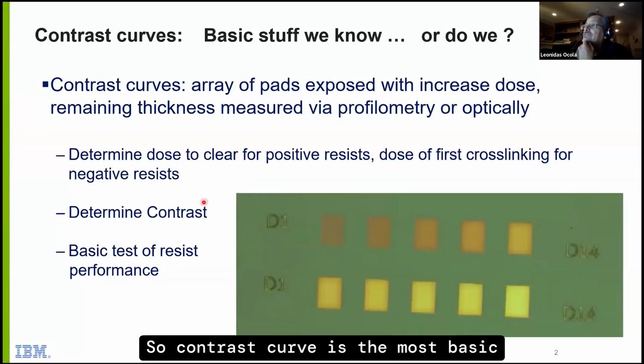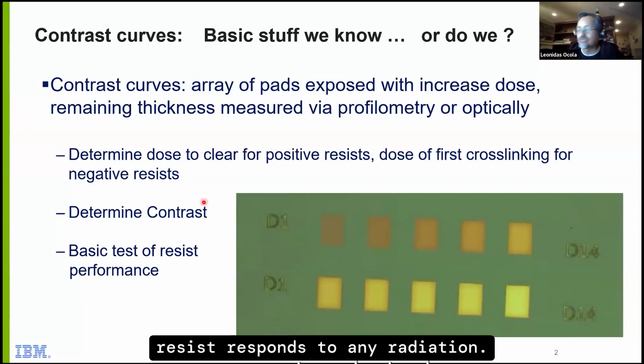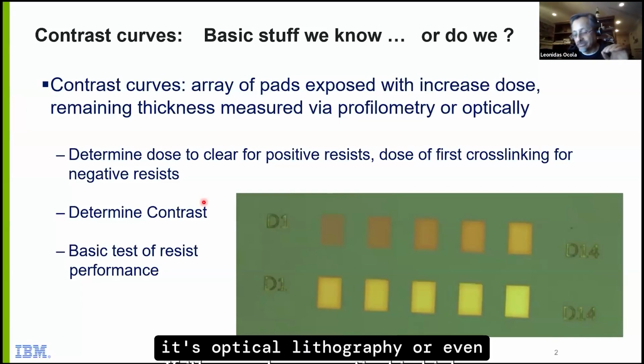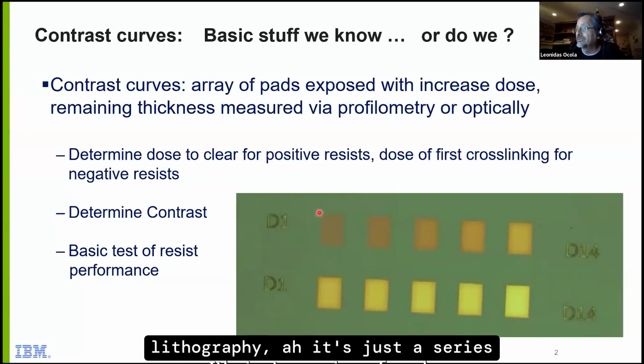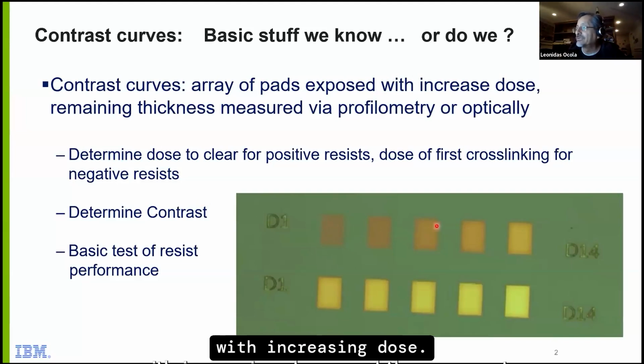The talk is on contrast curve basics and how you can use this for understanding how resists work. The contrast curve is the most basic thing you use to understand how a resist responds to any radiation. Whether it's optical lithography or e-beam lithography, it's just a series of pads that you expose with increasing dose, and then you put it in the developer and measure the thickness change in the exposed region.